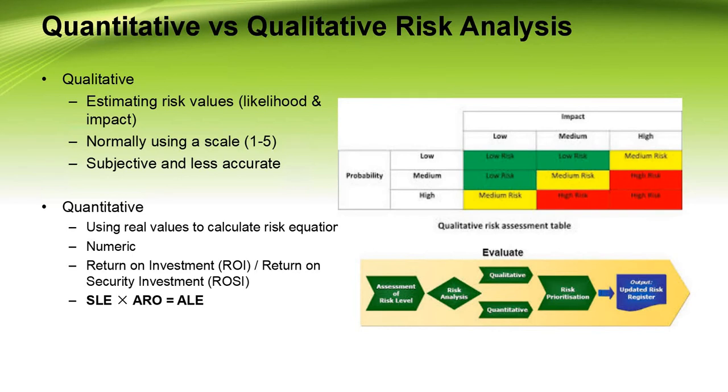Okay, so you can see in the formula SLE times ARO equals ALE. We will see more about this later on in the slides. Because a quantitative assessment is less subjective, the process requires assigning a value to all the various components to perform a quantitative risk assessment.